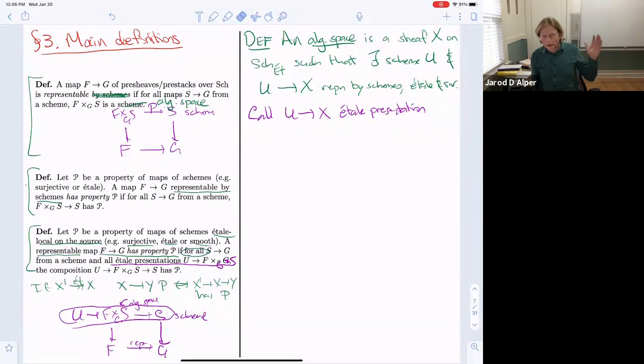The definition of representable by schemes, meaning that the fiber product with a scheme is always a scheme, and just representable, which means the fiber product from a morphism from a scheme, or equivalently from an algebraic space, is an algebraic space. And then we've defined properties of morphisms that are assumed to be either representable by schemes or just representable, right?